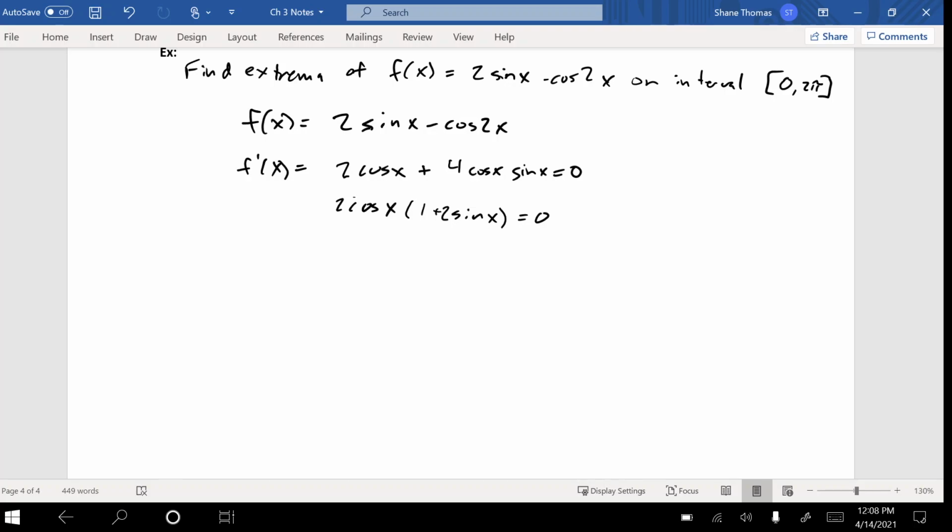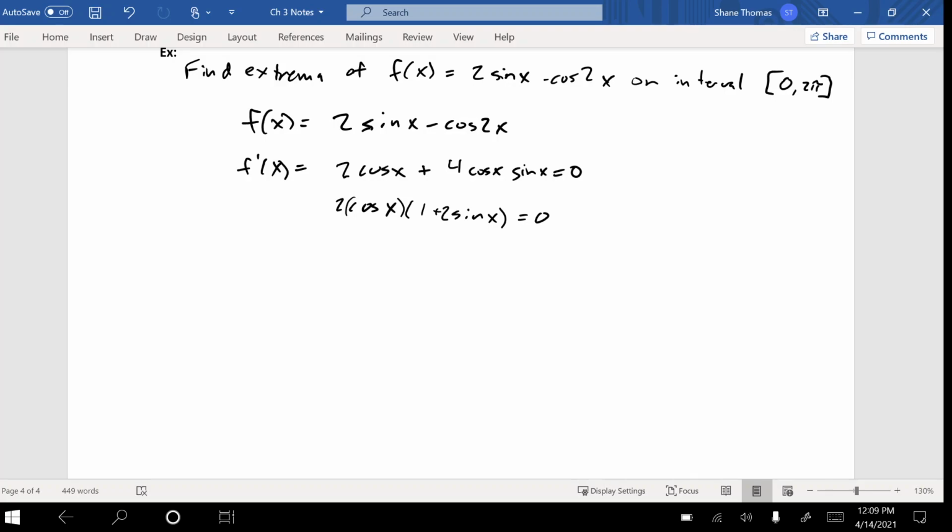All right, so essentially, here are my 3 factors. You all right with that? I pulled out the 2 cosine x, but I'm just going to separate that. Now, 2 would never be equal to 0, so we really don't have to worry about it. It doesn't even have an x in there, so that's illegitimate.